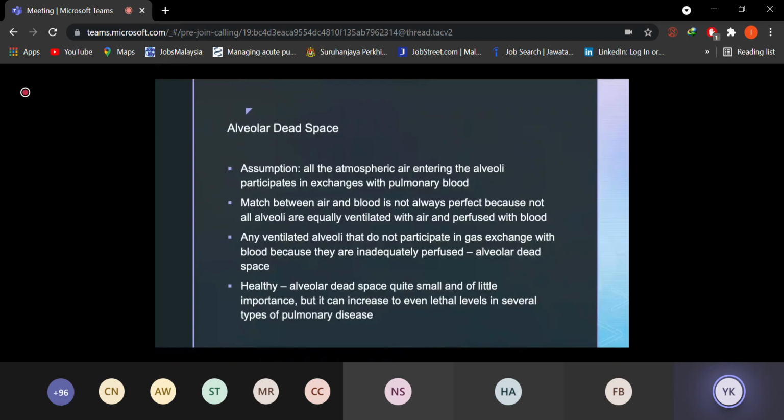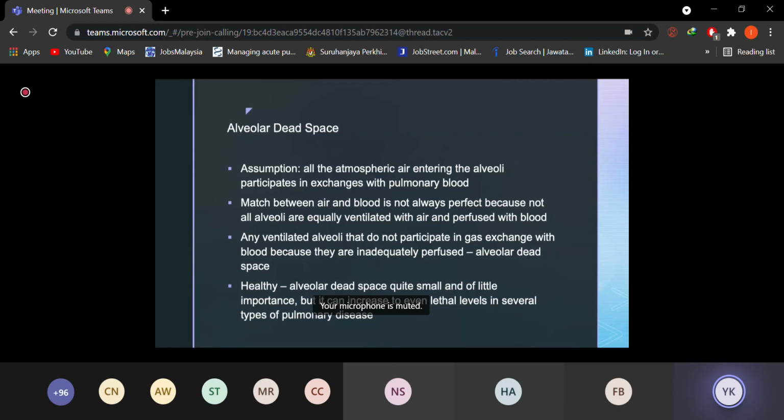For example, you have 100 mL of air reaching the alveoli, but not all 100 mL actually exchanges gas with the pulmonary blood. This is because some of the alveoli are not ventilated equally and also not perfused with blood, meaning there is no blood vessel. Why can this happen? I will show you later.